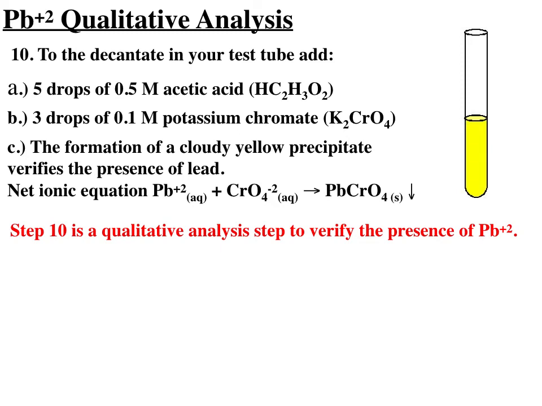So the solution should turn a bright yellow by addition of these two chemicals, and this is a qualitative analysis trick that will tell me for certain that lead was present in that previously clear colorless solution. When I add these chemicals, I have certainly determined for sure that lead was present in that liquid.